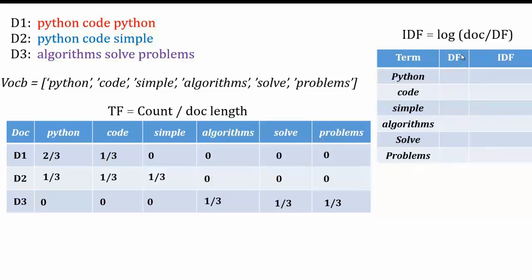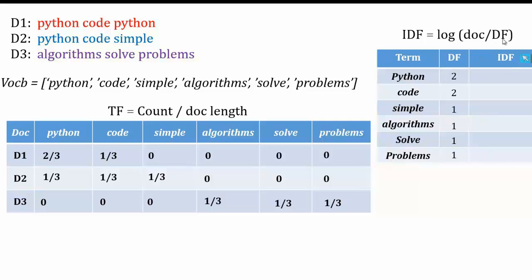For Python, DF is 2, as Python appears in two documents, document 1 and document 2. Same for code, which appears in document 1 and document 2, so the document frequency is 2. For simple, 1. Algorithms 1. Solve 1. Problems 1.